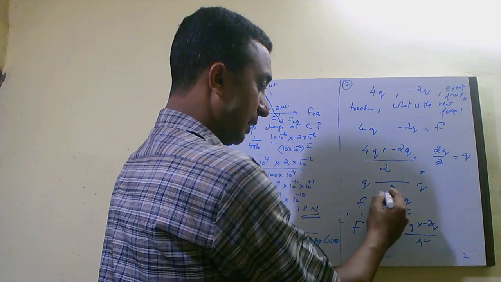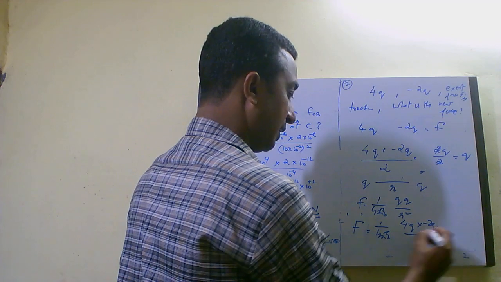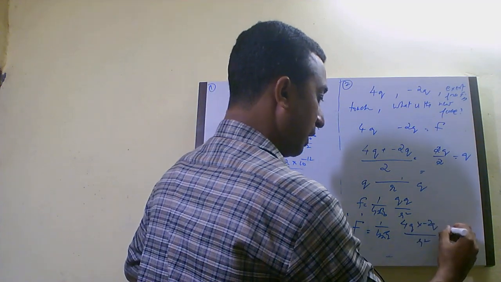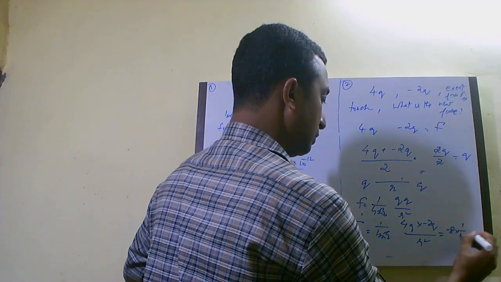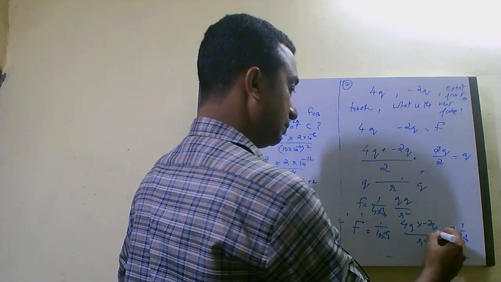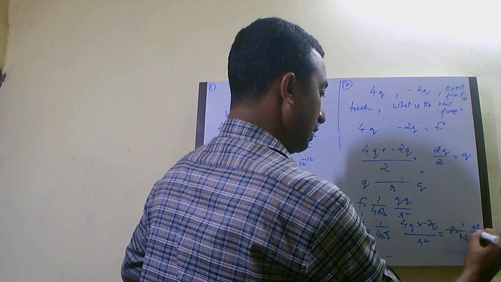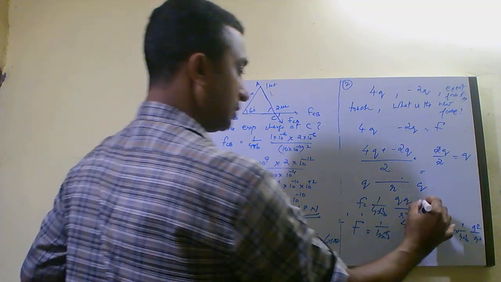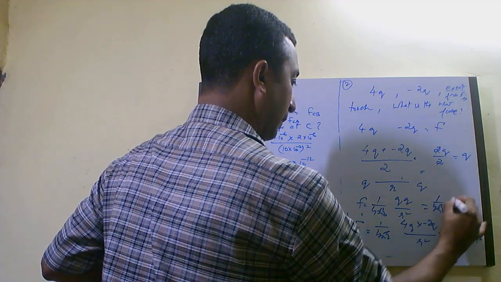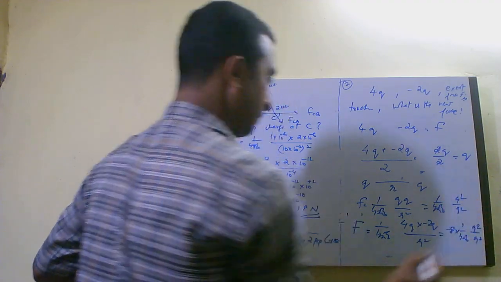So let us compare the two equations. This can be written as 4 into minus 2, minus 8, 1 by 4 pi epsilon 0 q squared by r squared, and our new force is 1 by 4 pi epsilon 0 q squared by r squared.